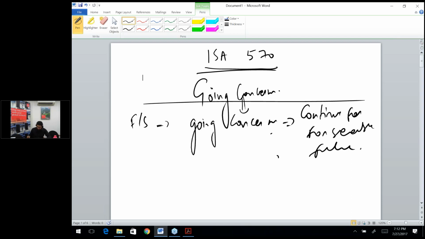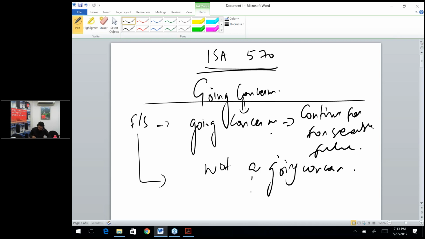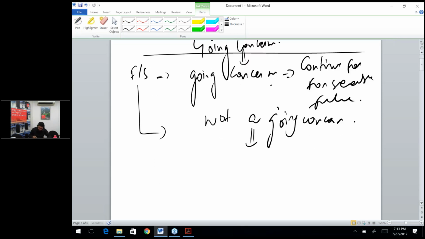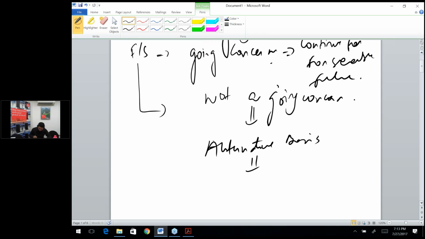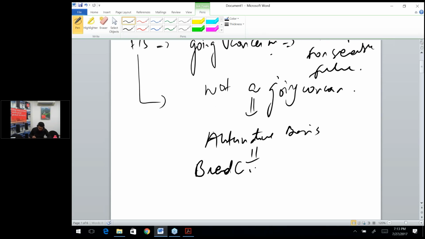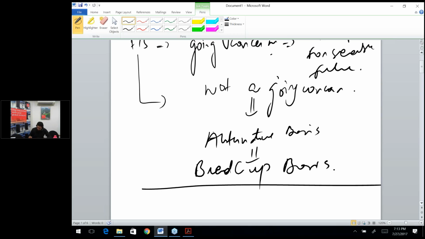That's what we expect. Now, at times, if the entity is not a going concern, then we prepare the financial statements on an alternative basis, and the alternative basis is also termed the breakup basis. What exactly do you mean by preparing financial statements on a breakup basis?